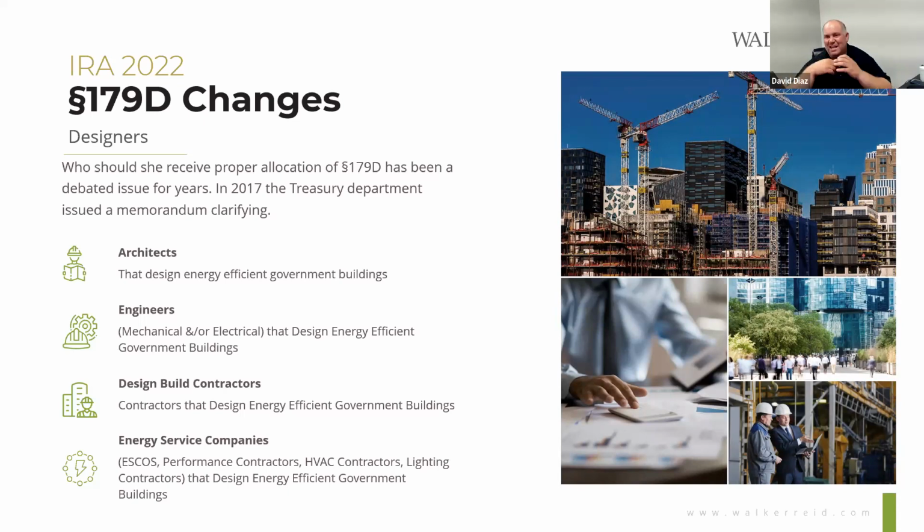So it's kind of the mindset of you let creative salespeople loose a little bit. You don't give them a leash or proper guidance or proper training, and people get creative and they're trying to make money, and they start widening that net of who's available and who's an opportunity when it comes to 179D.